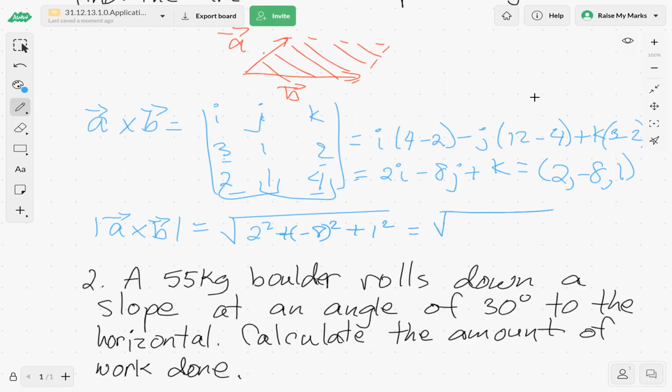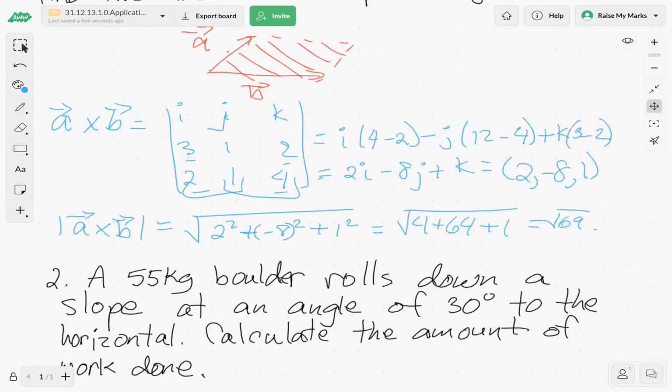We end up with 4 plus 64 plus 1. This is the square root of 69. So the area of our parallelogram described by these two vectors A and B is the square root of 69.